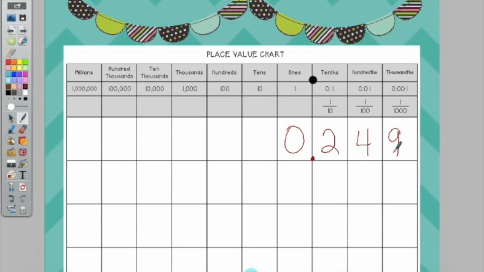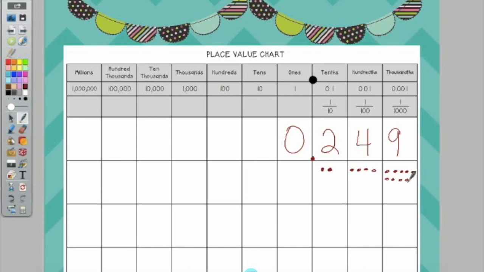249 thousandths. Okay, good. So when we first did expanded form, we did a little bit of dots, didn't we? Now we might be past the dots by now, but if you want the dots on there, go ahead. Okay?